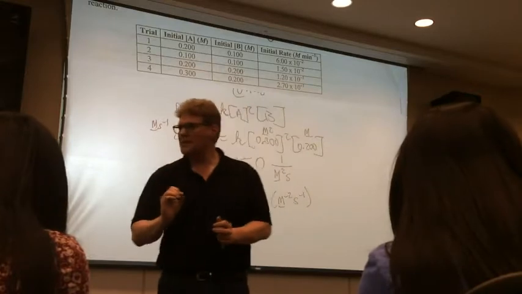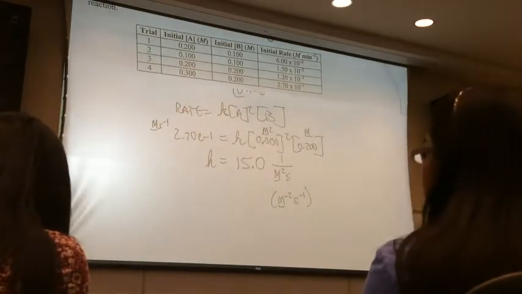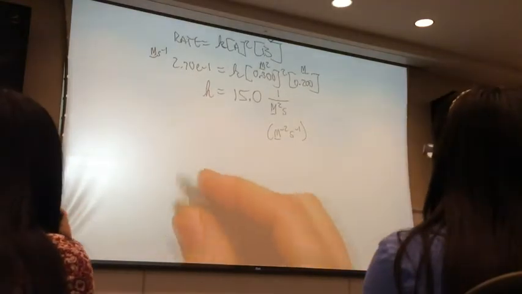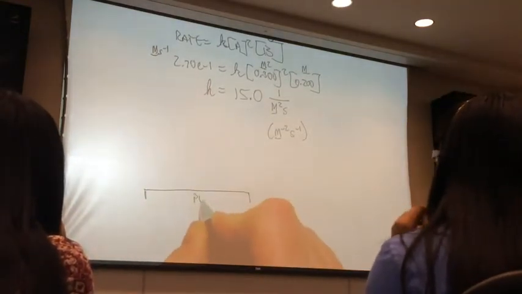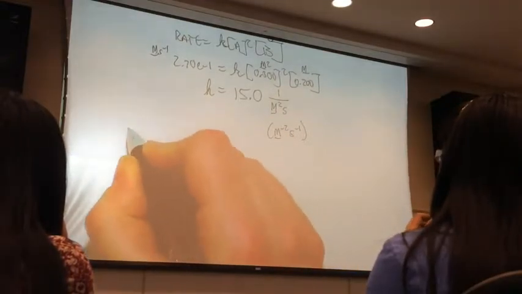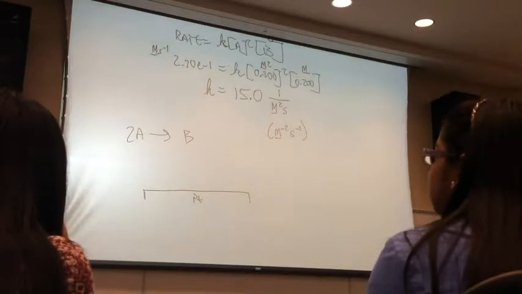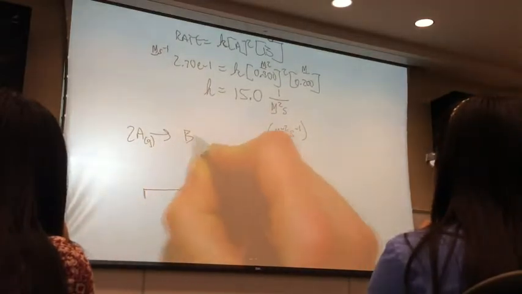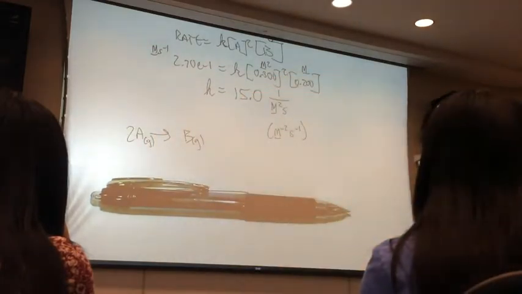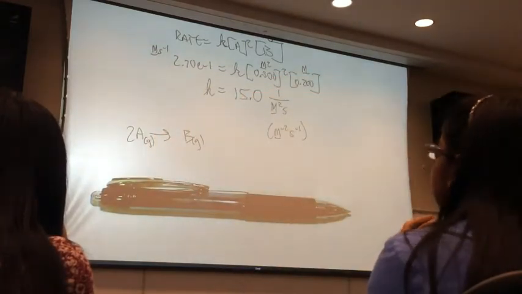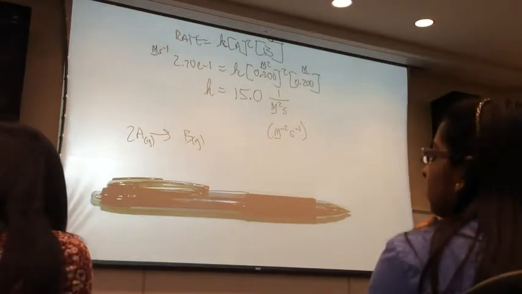Zero order is the one that's a little more difficult to understand. But a good example of a zero order is, let's say you have a gas reaction, and it's two A's go to B, and they're gases. If you just take your two A's and mix them, it takes forever for the reaction to occur, or it occurs very slowly for some reason.